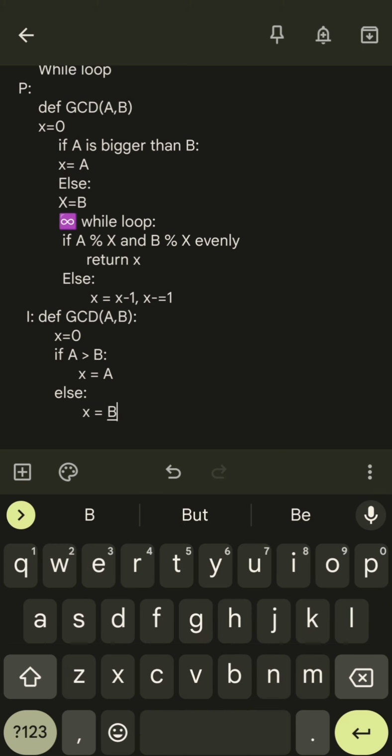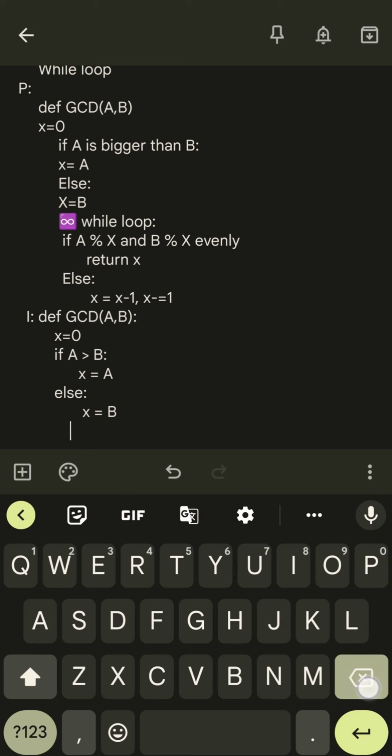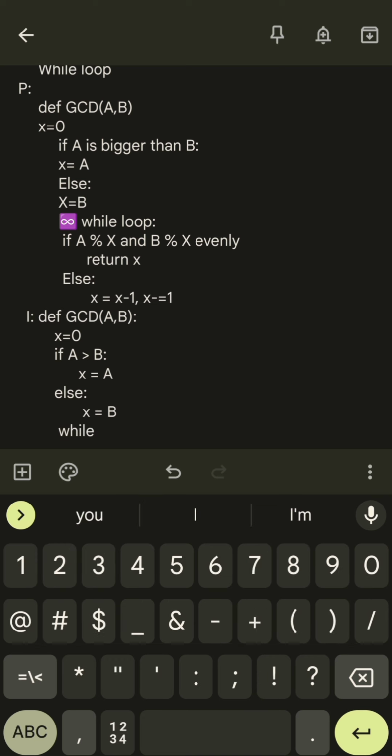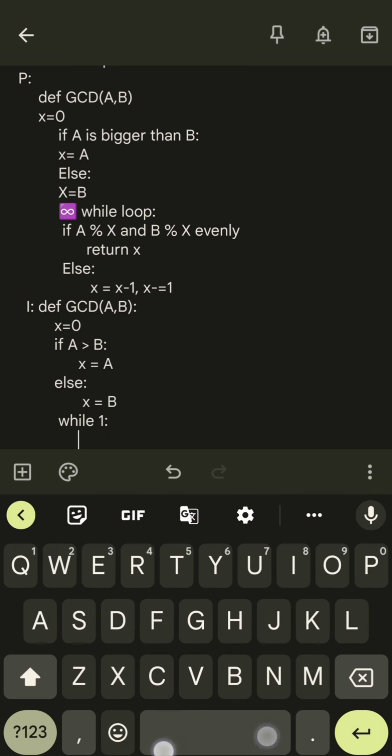Now it's down to the decrementing part. So while true, so we'll say while 1. What we're going to be doing in this infinite while loop is now to check if A and B are divisible. So let's take this part again. And the way we're going to be doing this is here.